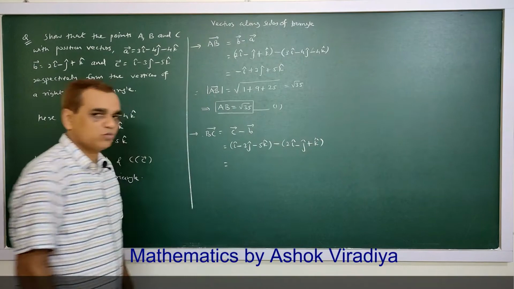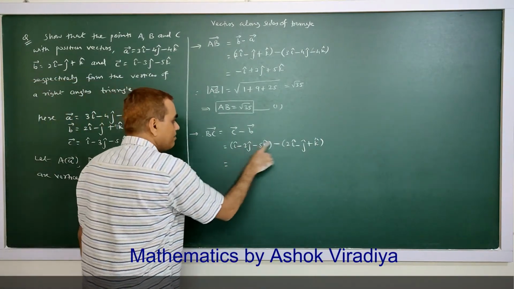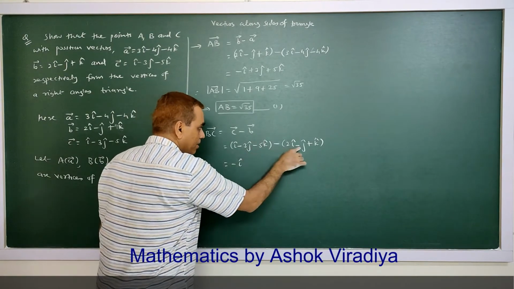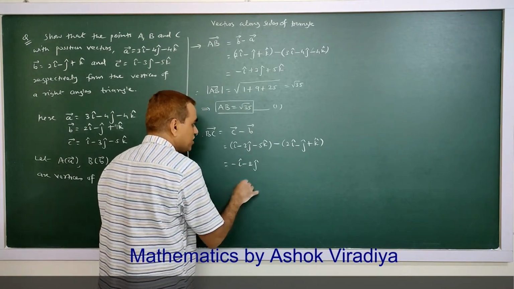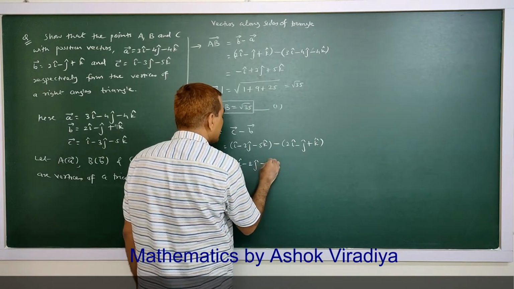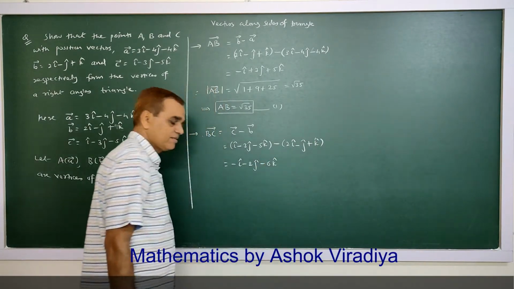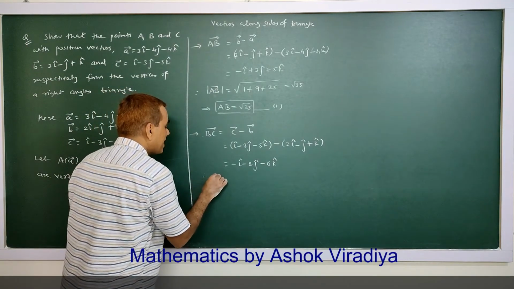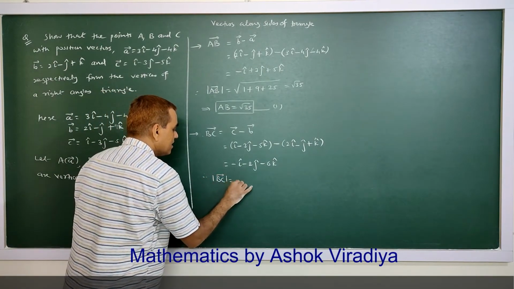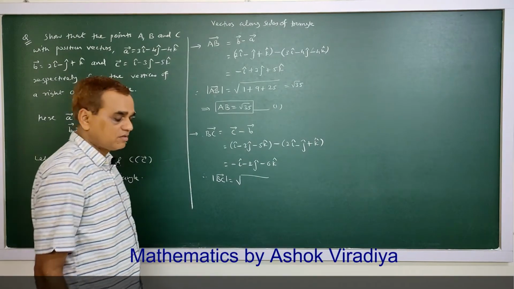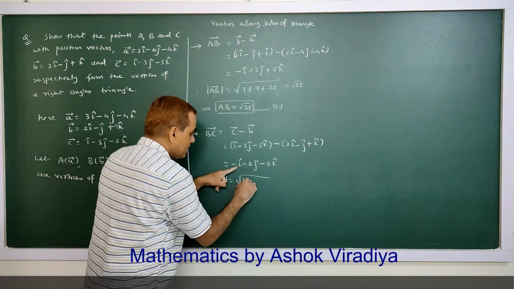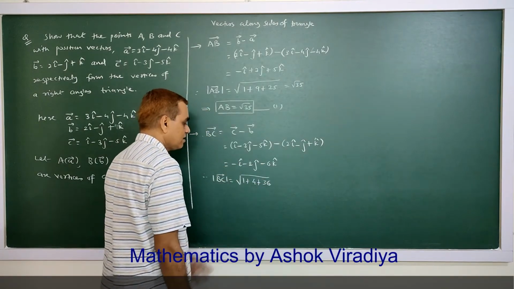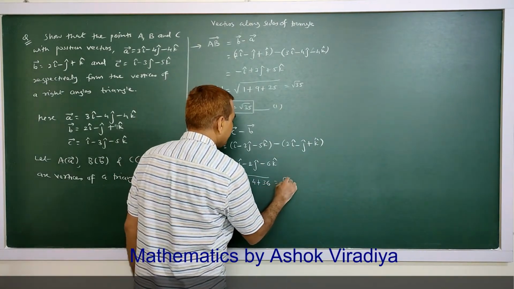So it is equal to 1 minus 2, that is minus 1 times i, minus 3 plus 1, so minus 2 times j, minus 5 minus 1, so minus 6 times k. So this is vector BC. The magnitude of BC is the square root of minus 1 square is 1, minus 2 square is 4, minus 6 square is 36. So this is the square root of 45.